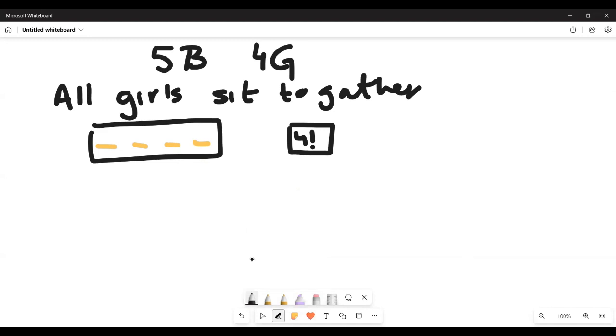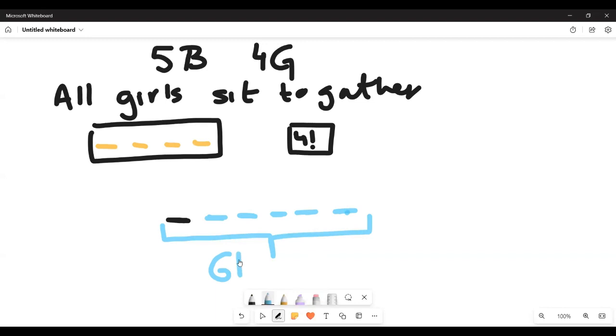Now we're saying that this is one person and we have 5 more people. So that's a total of 6 people on 6 chairs, so that is 6 factorial times this 4 factorial. So that is the total number of arrangements if all girls have to be sitting together.